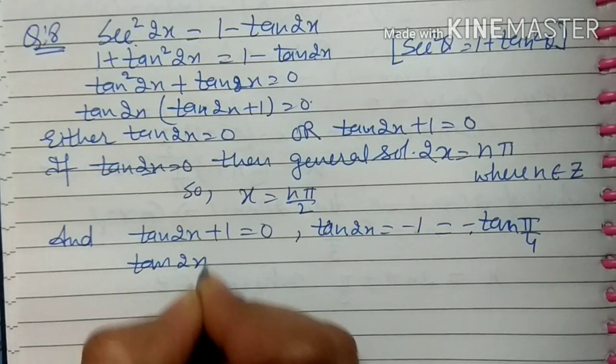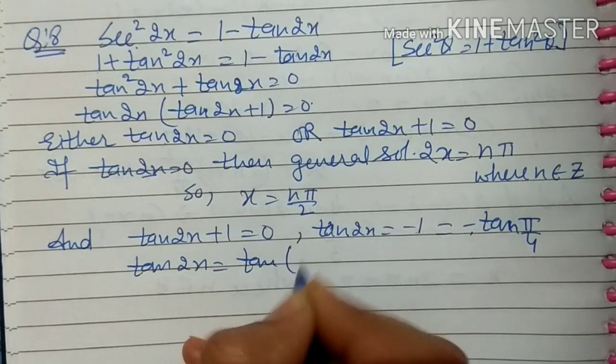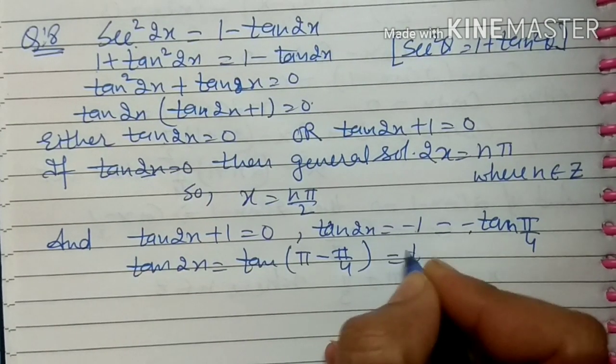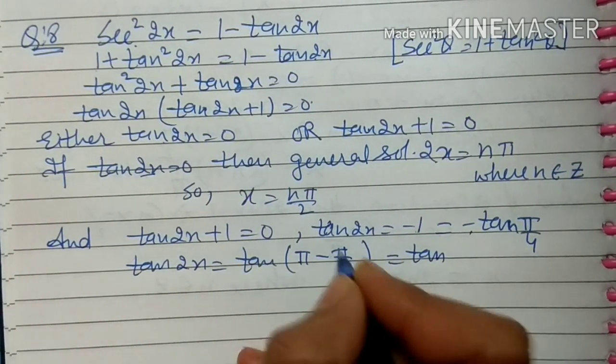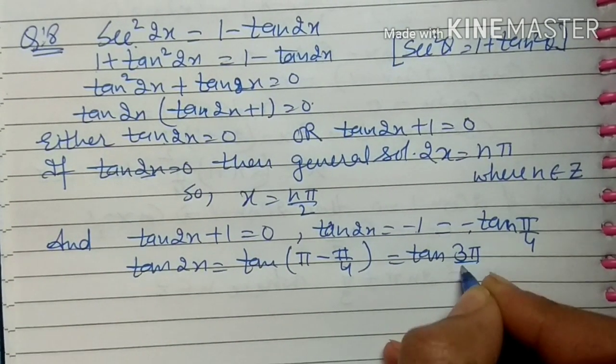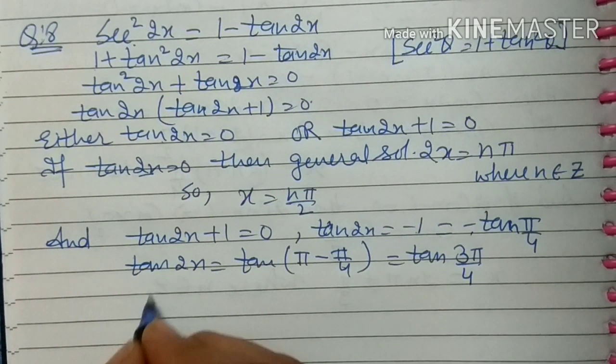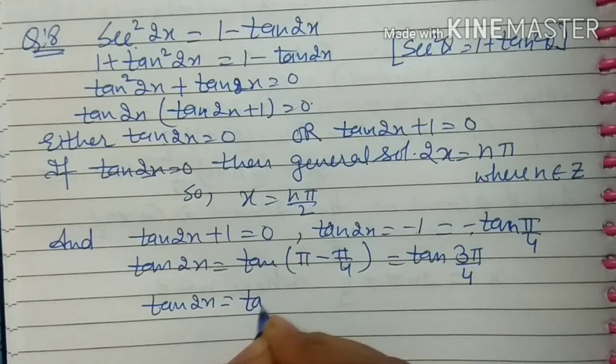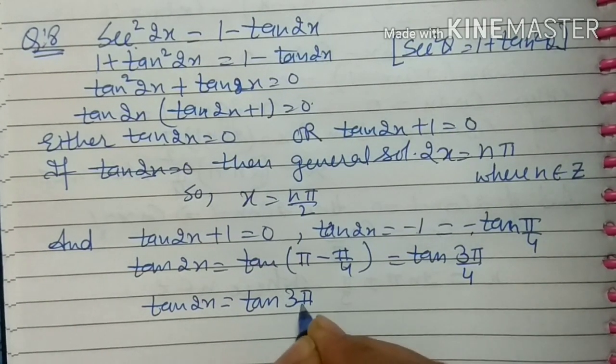We can shift in the second quadrant as tan of pi minus pi upon 4. So after solving we get 4 pi minus pi, that is 3 pi upon 4. Now tan 2x equals tan of 3 pi by 4.